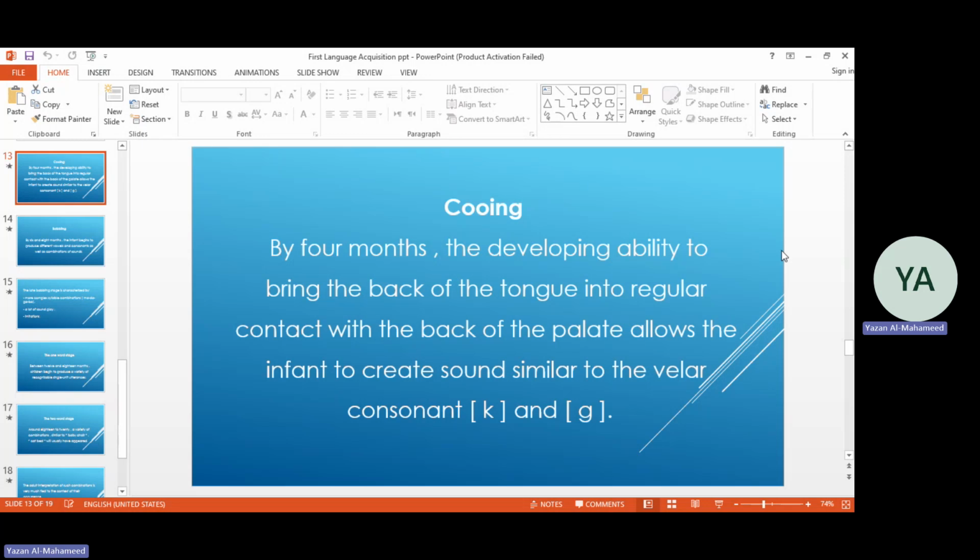So based on those stages we can conclude that children and adults, when acquiring either the first language or the second language, move through the same or similar stages, beginning from the first stage till stage 5 or stage 6.